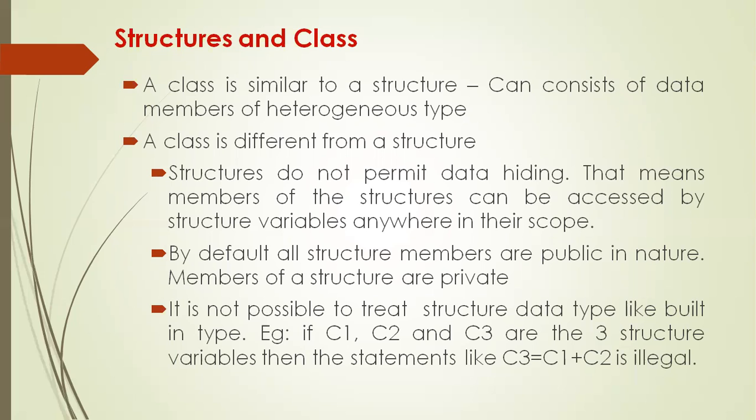A structure is different from an array in the sense that all the elements of an array are of homogeneous type, whereas structure members are of heterogeneous type. Similarly, the member data of a class also need not be of any particular same data type. They may also be of heterogeneous type. This is the similarity between a structure and a class.